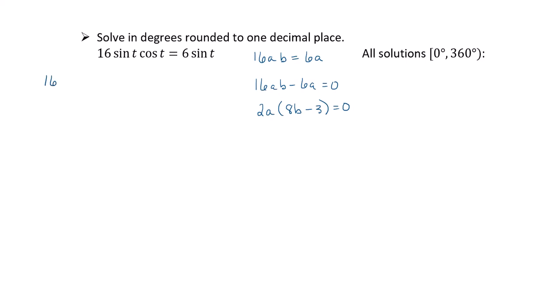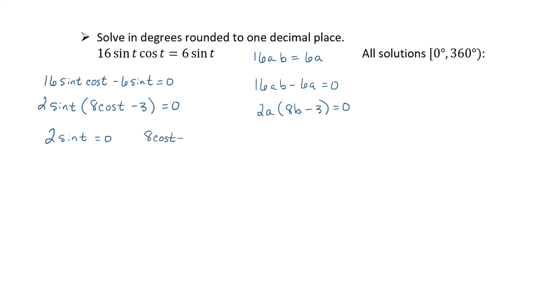I'm going to have 16 sine t cosine t minus 6 sine t equals 0. Now my greatest common factor is going to be 2 sine t, and I'm left with 8 cosine t minus 3 equals 0. So now 2 sine t equals 0 and 8 cosine t minus 3 equals 0.